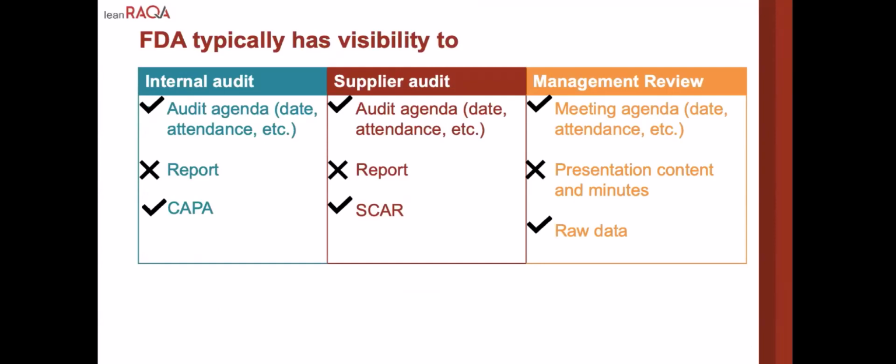They can't see minutes or presentations. What they can see, though, is your corrective and preventive actions, which most people's internal audit process feeds into their CAPA process. They can see your supplier corrective actions, and then they can see the raw data which you use to prepare your management review.